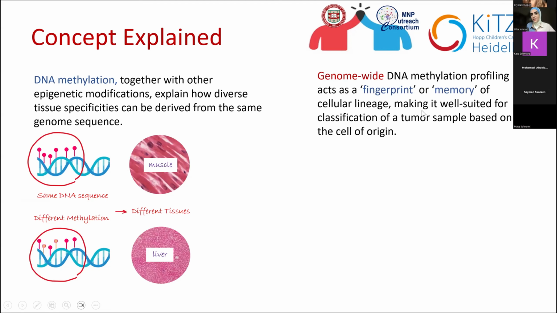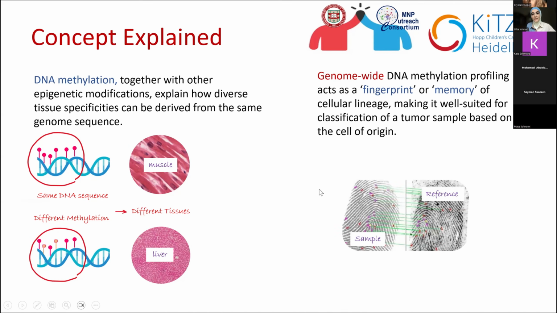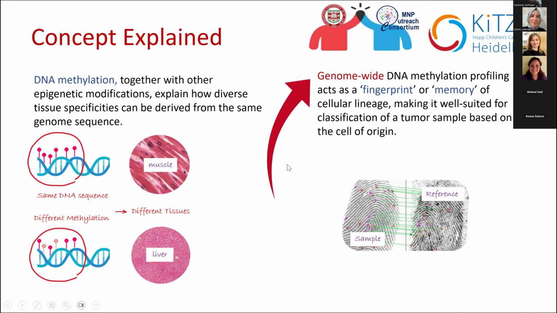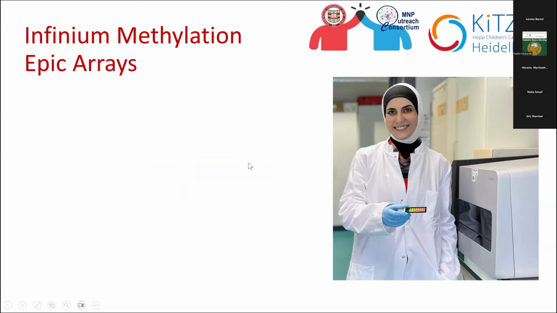Genome-wide DNA methylation profiling acts as a fingerprint then, or memory, for cellular lineage, making it well suited for classification of a tumor sample based on the cell of origin. And please focus here on the word genome-wide. So we are talking about profiling genome-wide of several locations across the genome, almost 1 million locations nowadays.